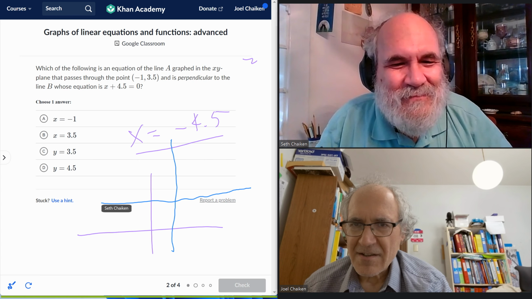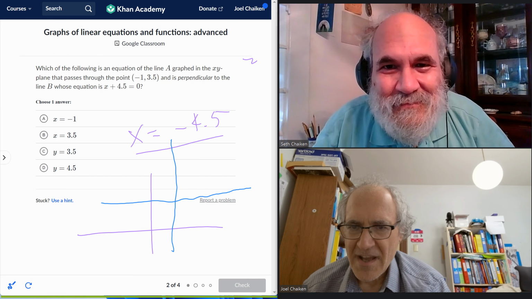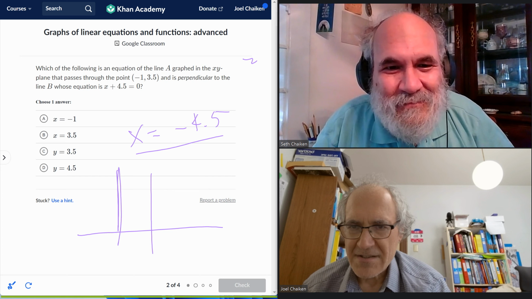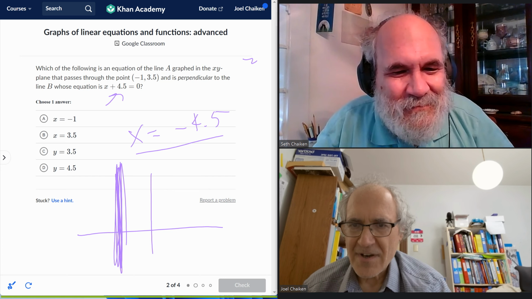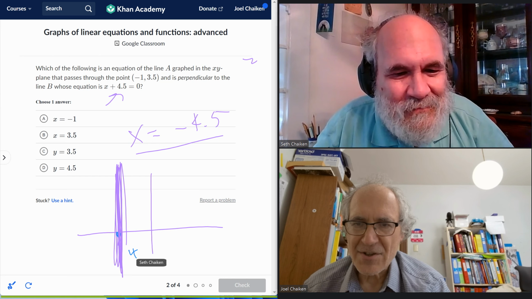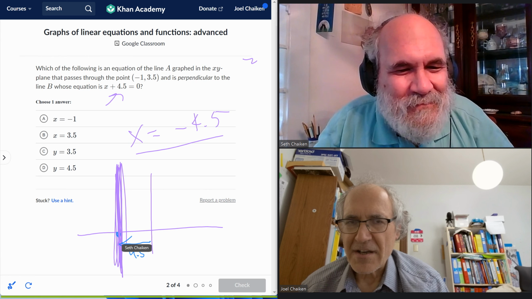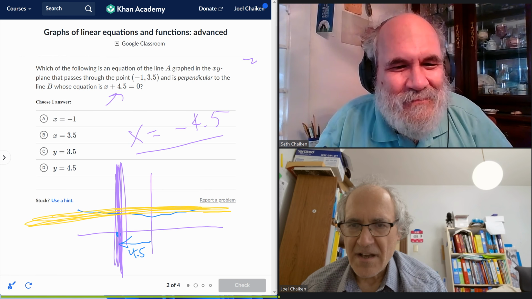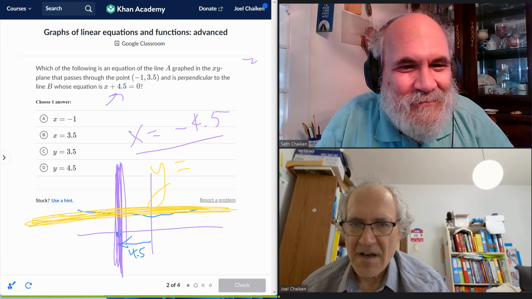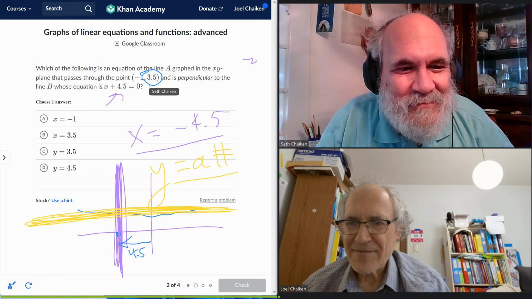The line x equals negative 4.5 is this line, isn't it? A line perpendicular to a vertical line is a horizontal line, right? The equation of a horizontal line is y equals a number. What is the number? 3.5.